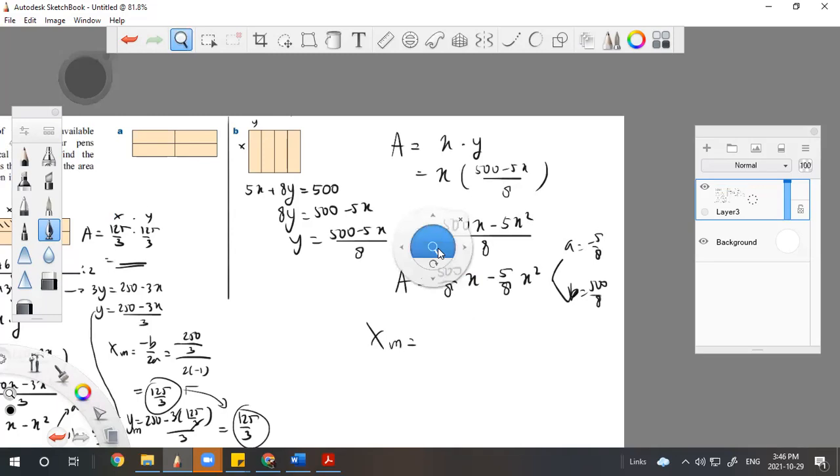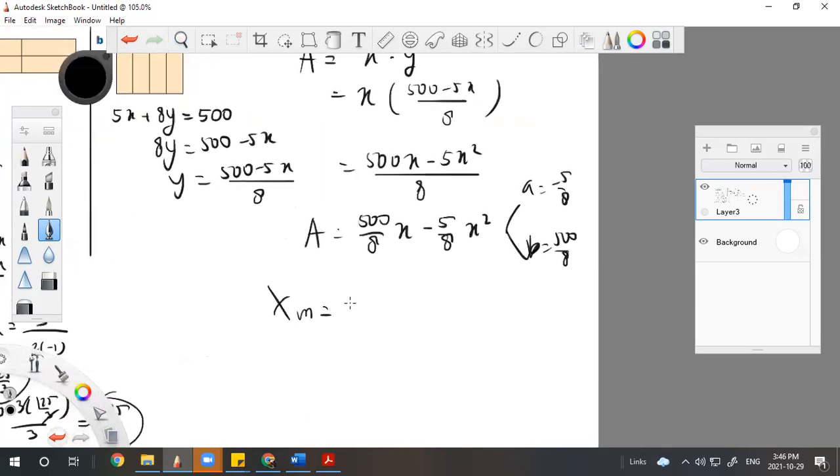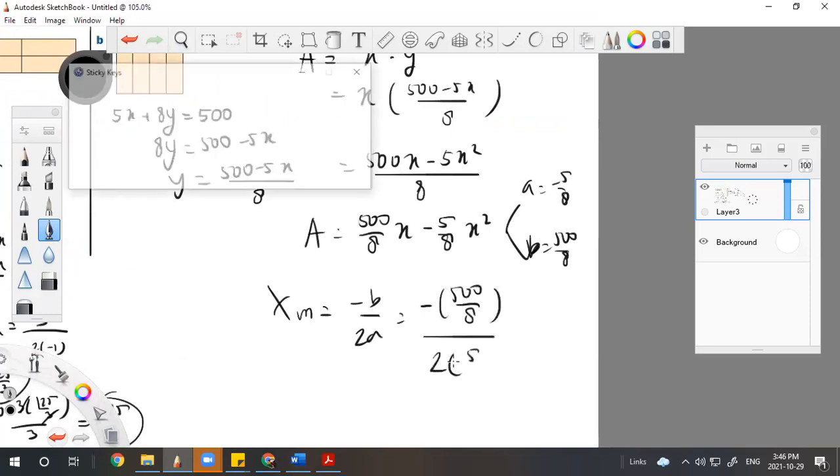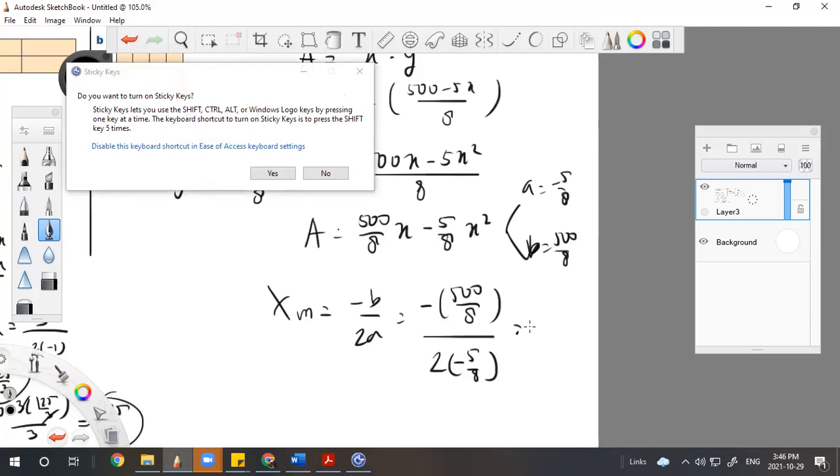But again, we have to find the x maximum, right? To maximize the area, xm equals negative b over 2a. So negative of 500 over 8, over 2 times negative 5 over 8. Okay, again, we use the calculator. 50. Oh, it's a good answer.